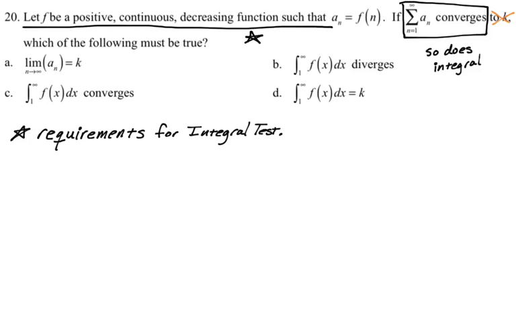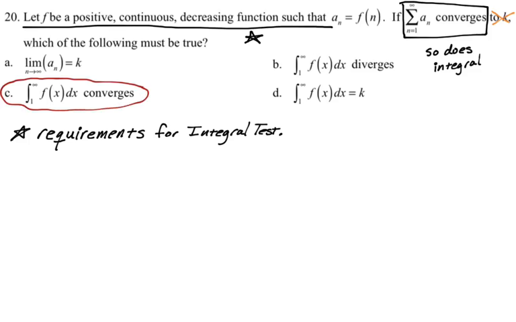We just know that the integral converges. The integral converges, that's going to be the answer, and then d is the primary distractor on this, where you might think the integral would also converge to k, but it does not.